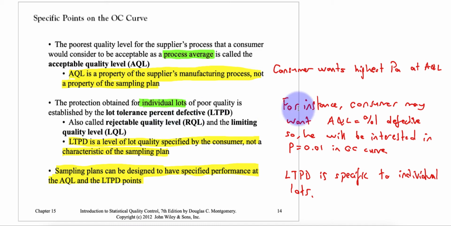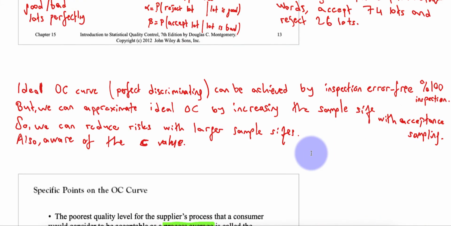For instance, the consumer may expect an average acceptable quality level at 1%. Okay, 1% defective. So the consumer will be interested in the lot fraction defective at 0.01 in the OC curve. Let's see the OC curve again.